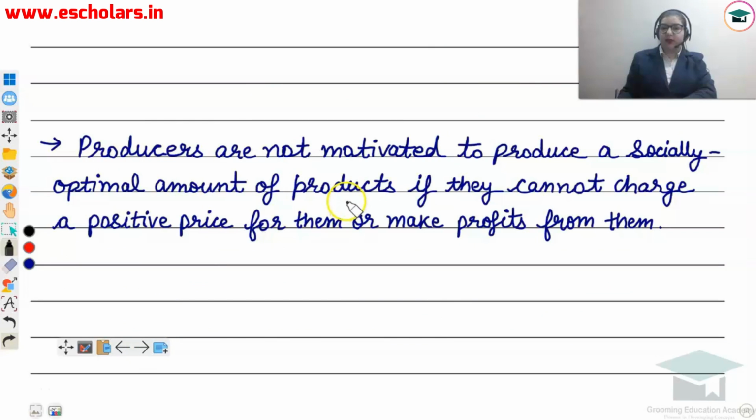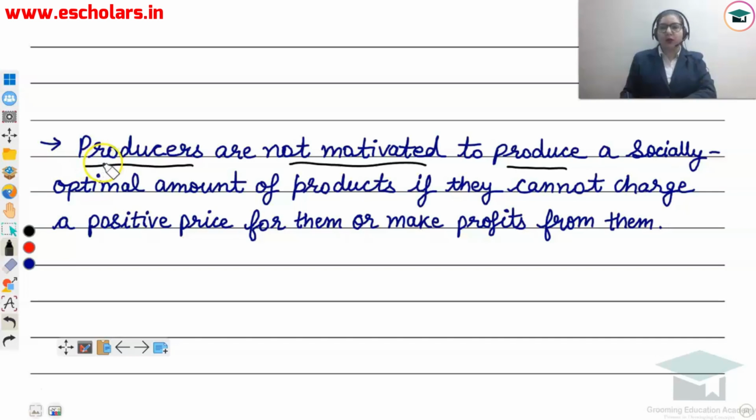Further, students, since for providing public goods the price is not charged, producers are not motivated to produce a perfect quantity of such products. Basically, here we are talking about the private producers.